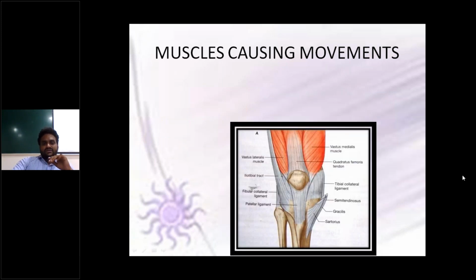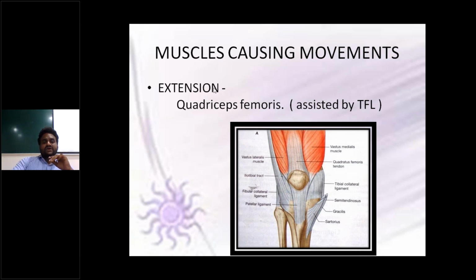Now we come to the extensors of the knee joint. What is the main muscle that is the extensor of the knee joint? Quadriceps femoris. Quadriceps femoris is formed by the 4 front muscles of the thigh. What are the 4 front muscles of the thigh?